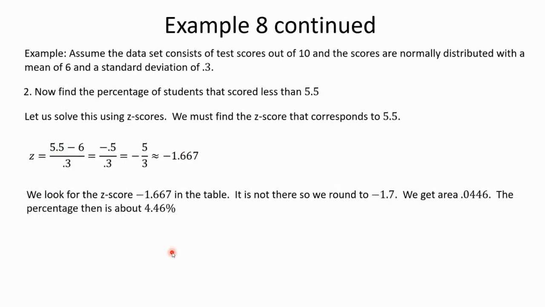Now here's another one. Let's find the percentage of students that scored less than 5.5. The process is similar. We want the percentage of students that scored less than 5.5, right? So again, we first get the z-score for 5.5.